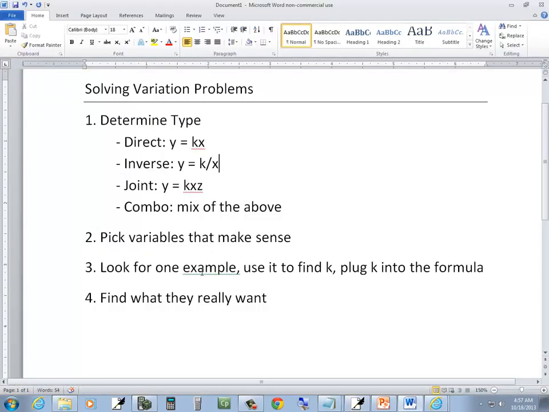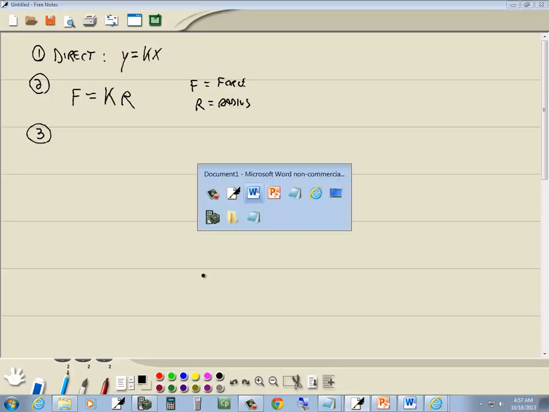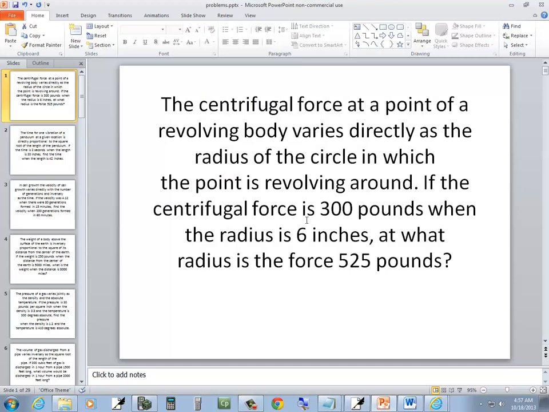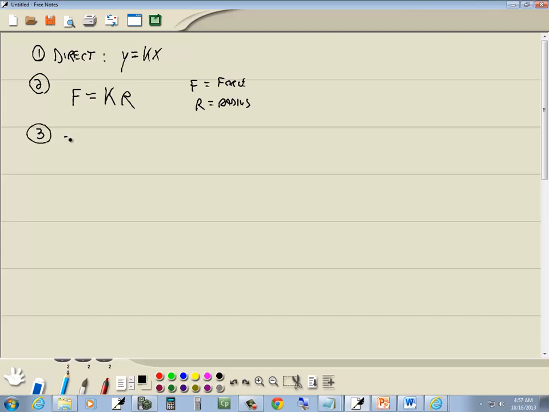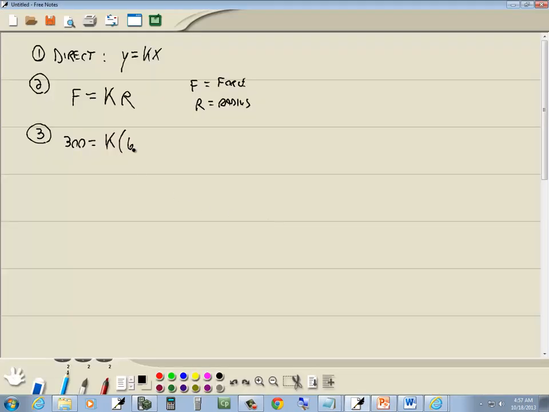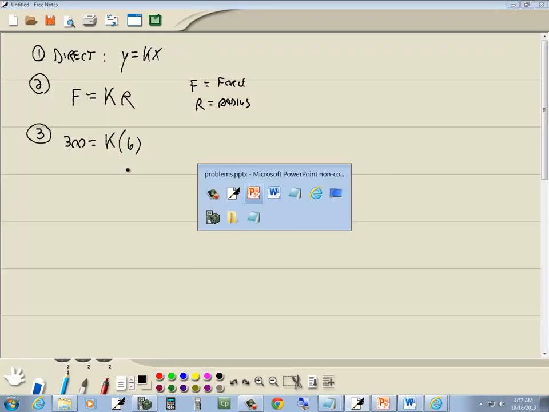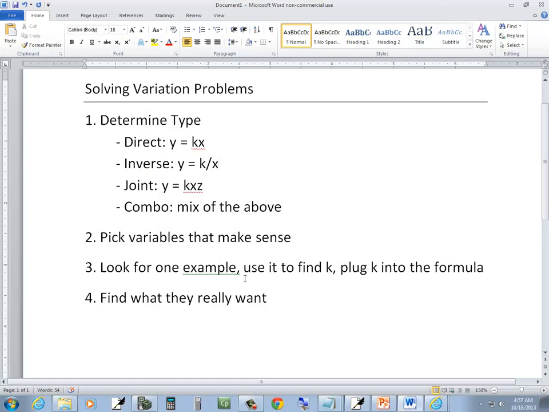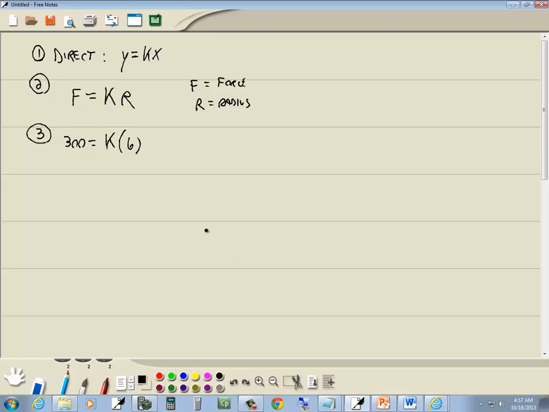Now step 3, you look for your one example. If the centrifugal force is 300 pounds, so they're telling us force is 300, when the radius is 6 inches, so they're telling us R is 6. Well, that's one example. Use it to find K. Well, we'll divide both sides by 6.